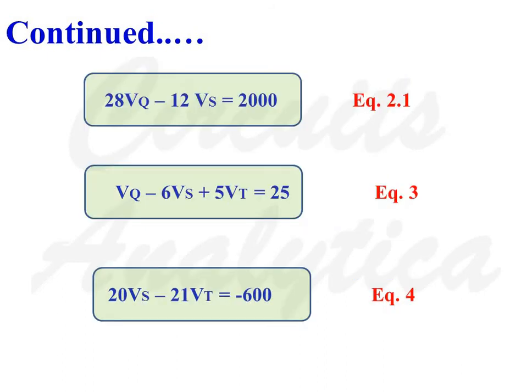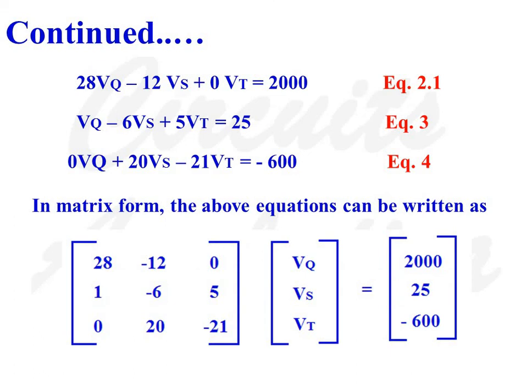So now we have 3 equations. 28Vq minus 12Vs is equal to 2000, equation 2.1. Vq minus 6Vs plus 5Vt is equal to 25, equation number 3. 20Vs minus 21Vt is equal to minus 600, equation number 4. Let us rearrange these equations as 28Vq minus 12Vs plus 0Vt is equal to 2000.